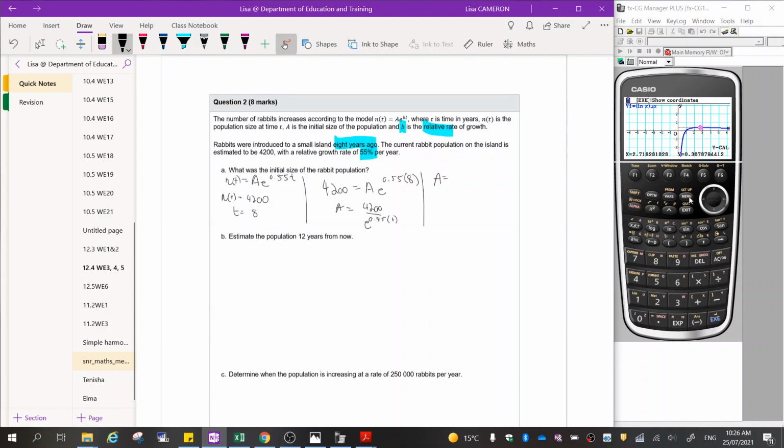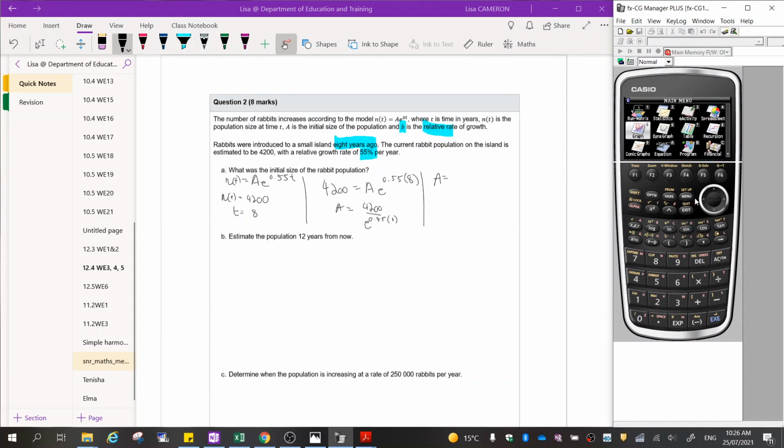A equals 4,200 divided by e to the power of 0.55 times 8. Execute.